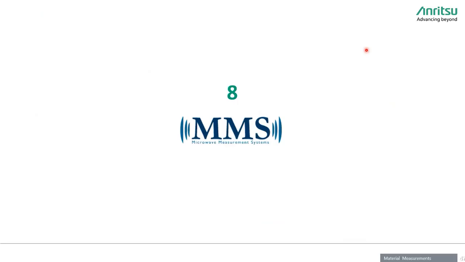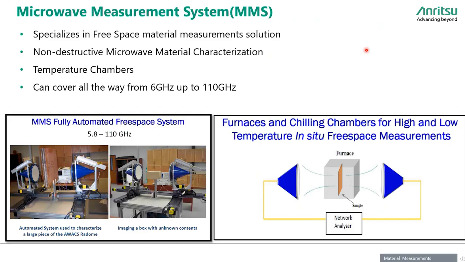The eighth and final global partner we have is MMS, which is also known as Microwave Measurement Systems. Now, they are specialized in free space material measurement solutions, especially for non-destructive microwave material characterization, and material characterization at a certain temperature condition or a hostile environment if required. They cover from 5.8 gigahertz up to 110 gigahertz.